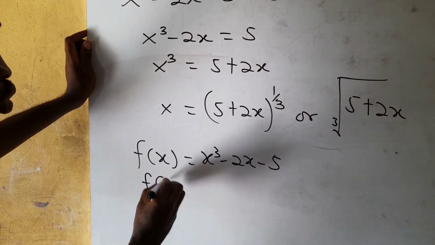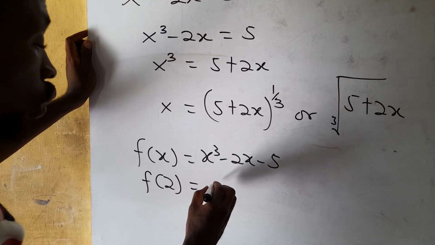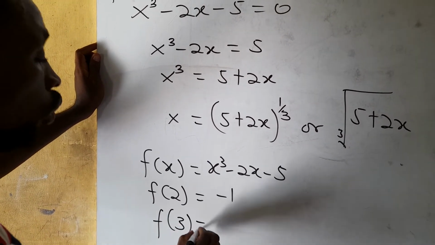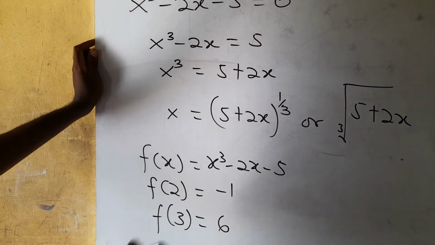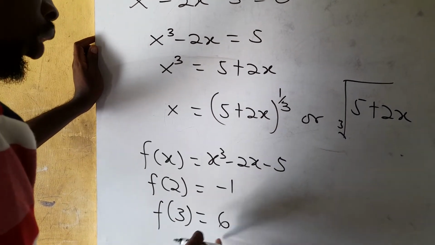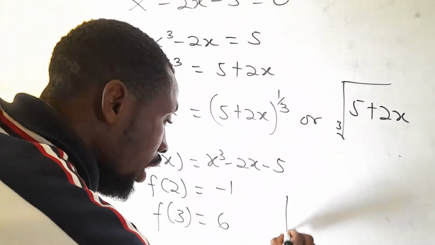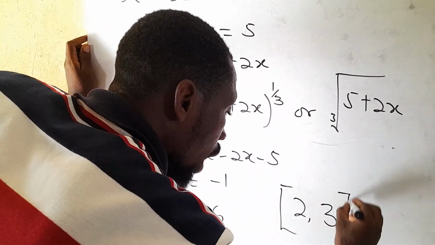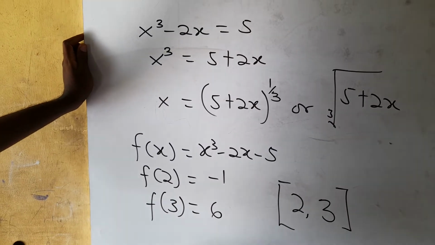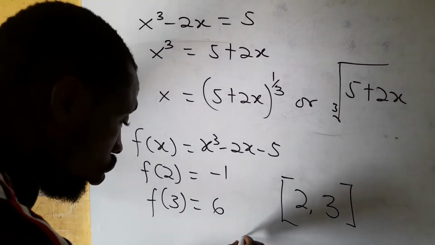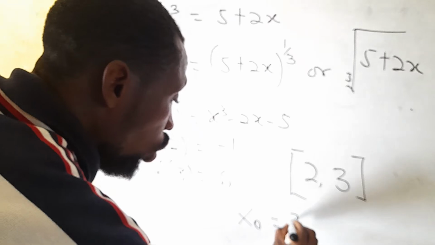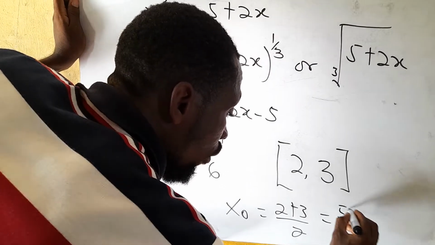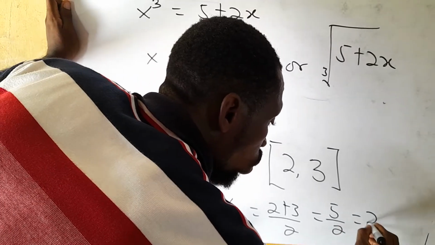So if we find f2, we'll get -1, and our f3 will be 6. So since this is negative and this is positive, that means at least a root exists within the interval 2, 3, inclusive. So we can find our x naught. Our x naught will be (2 plus 3) divided by 2. 2 plus 3 is 5, divided by 2 will be 2.5.